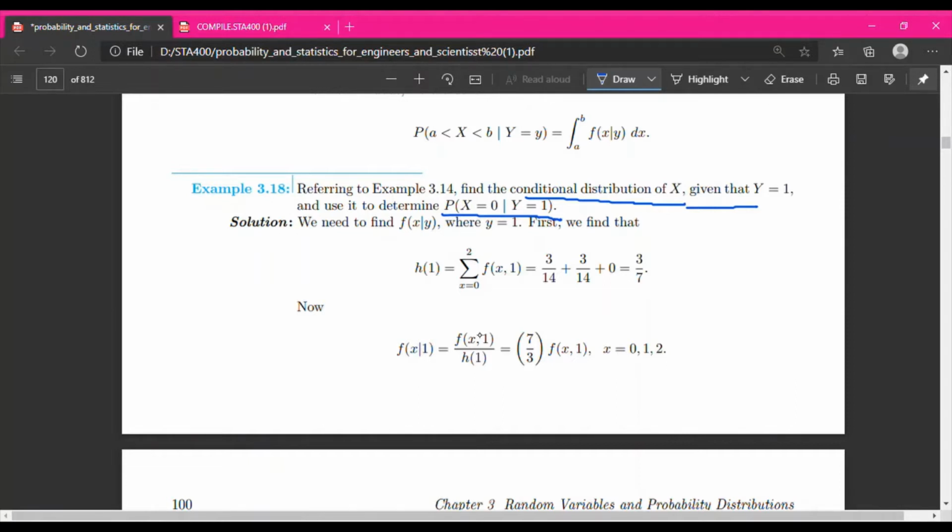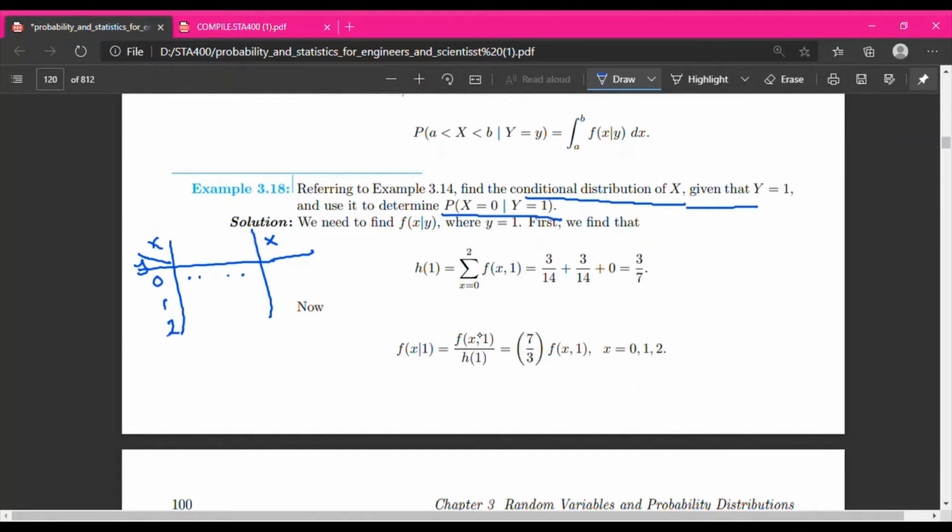Alright, so you know how to find the marginal of y, or marginal of y equal to 1. Like before, in the previous example, let's say this is your x, this is your y, and then the total of y here will be the total of x here. Let's say 0, 1, 2 here.